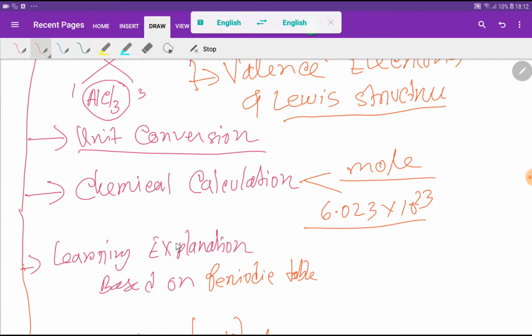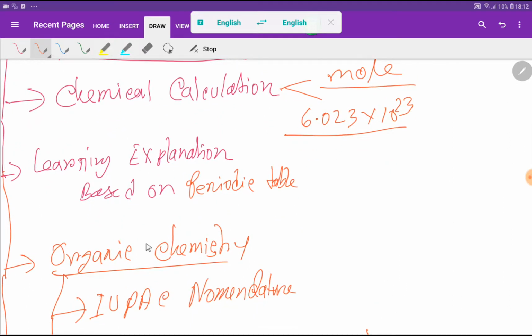Okay, now sometimes you have to know about some explanation, right? Like why fluorine is more electronegative than chlorine, right? And when you are learning this type of explanation, you have to use the periodic table. That is, you have to have the ability to use the periodic table, right?